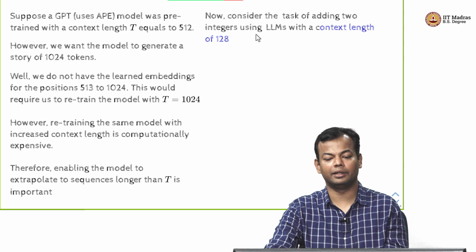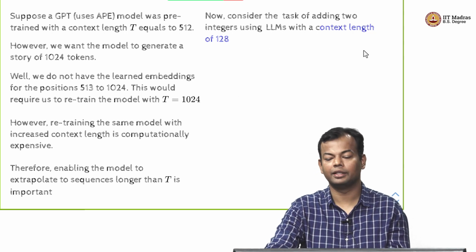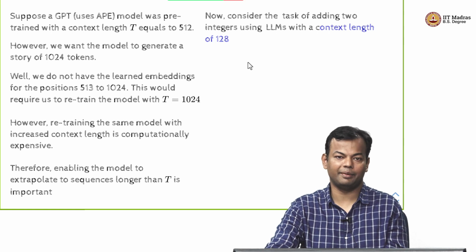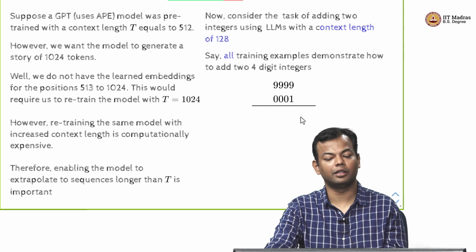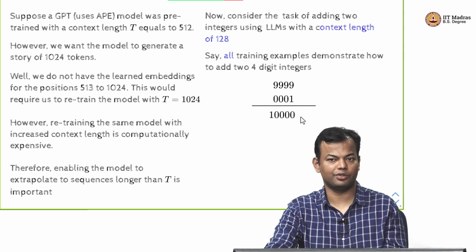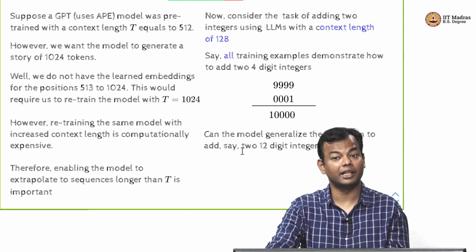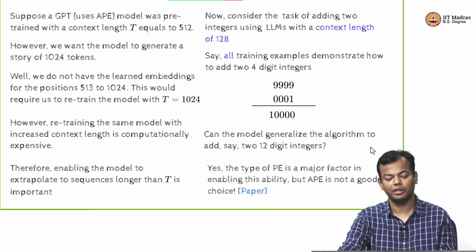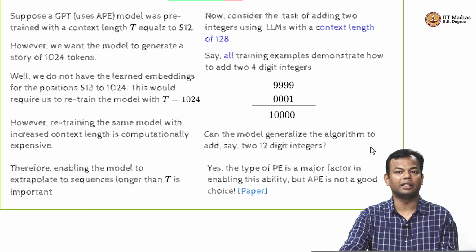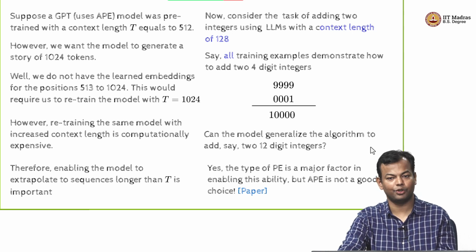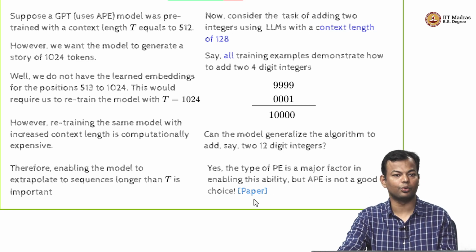Let's look at another example, where we are adding two integers and the context length of the LLM is 128, but all our training examples were of adding two 4-digit integers. That's all it has seen. Can it generalize to adding two 12-digit integers? It can, but it depends on the type of positional embedding that you use, and absolute positional embedding is not a good choice, as shown in this paper.